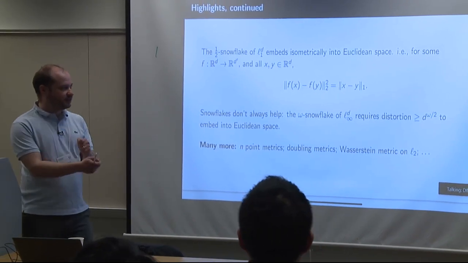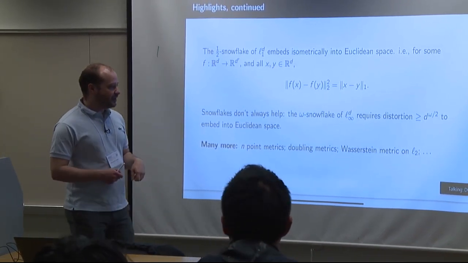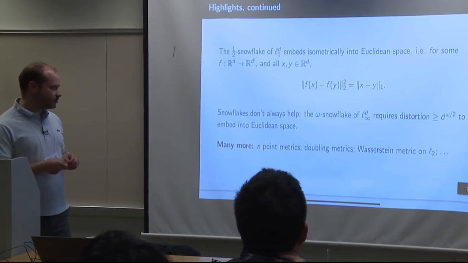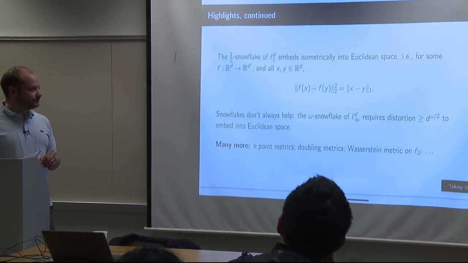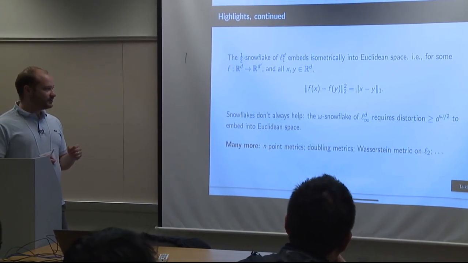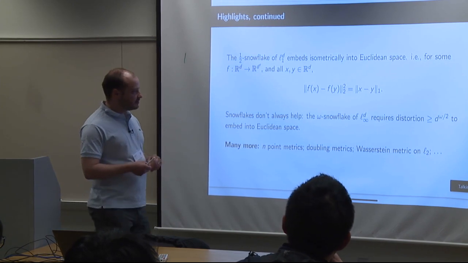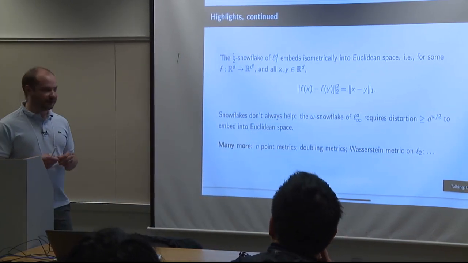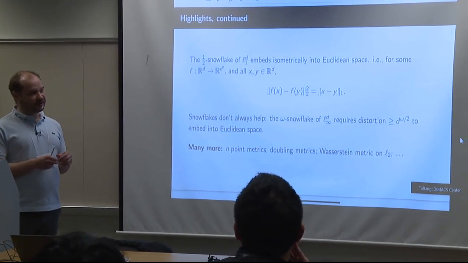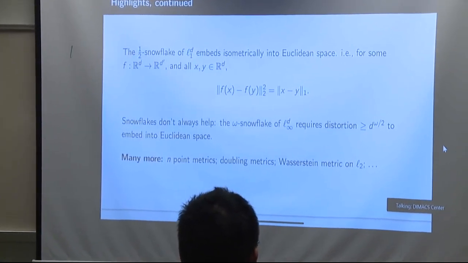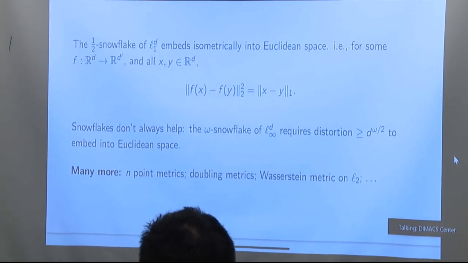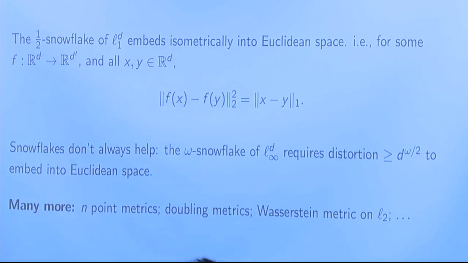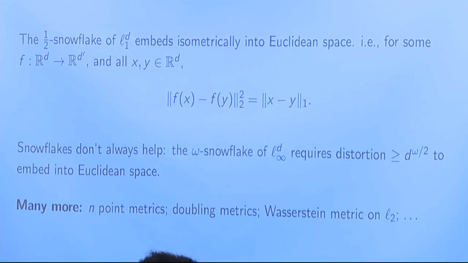If I look at the other tight example from John's theorem, the L infinity norm, this maximum of coordinates norm, even if I take a snowflake, that doesn't help me too much, unless the power I'm taking becomes too tiny. If it becomes too tiny, that also would cause problems for applications, because downstream it would usually lead to worse results in terms of approximations.